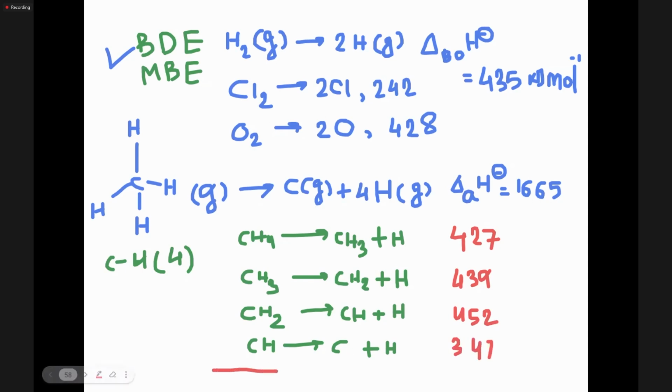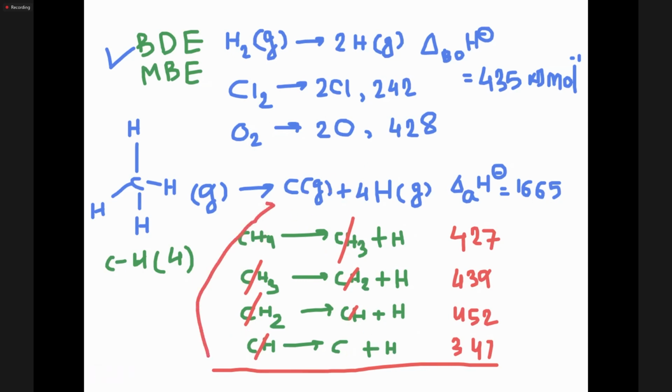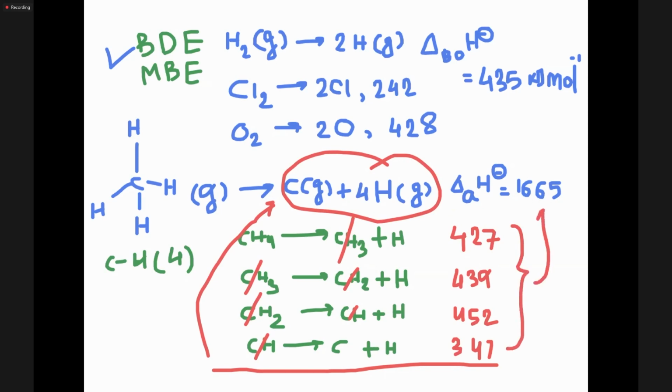If we add up all these equations, you will see this CH3 and this CH3 cancel out. This CH2 and this CH2 cancel out. This CH and H cancel out. So we have got four hydrogen and one carbon on the right hand side, and one methane on the left hand side. Ultimately, we go back to the parent equation. And if we add all these, the four values lead to 1665 kilojoule per mole.